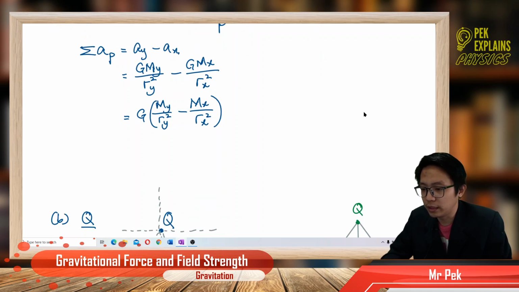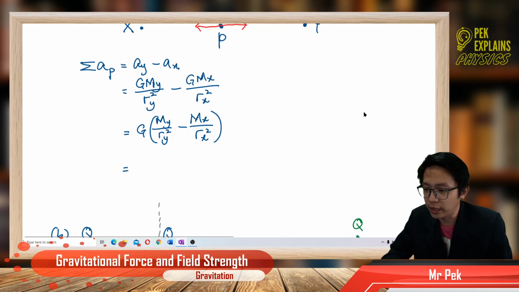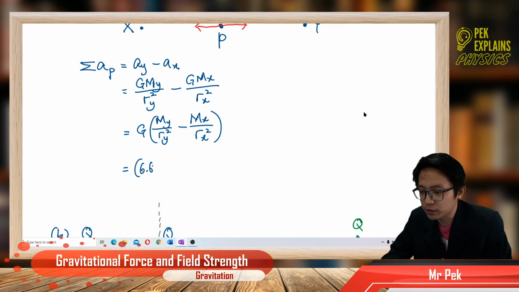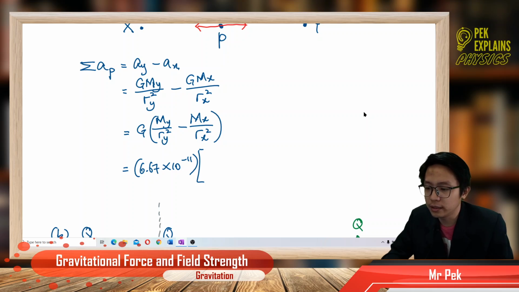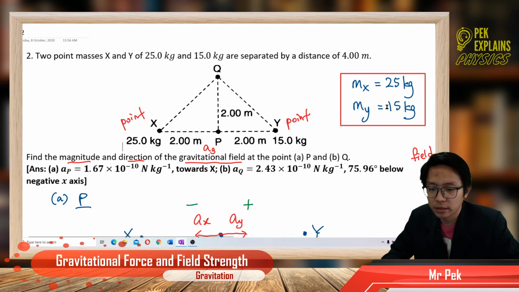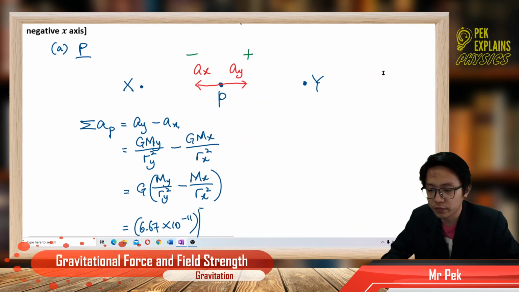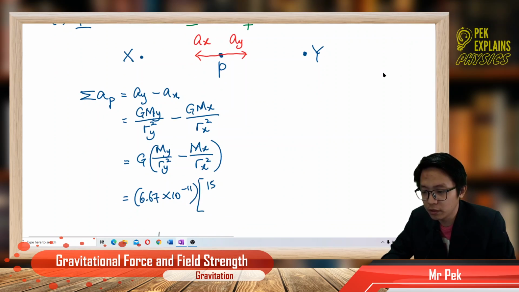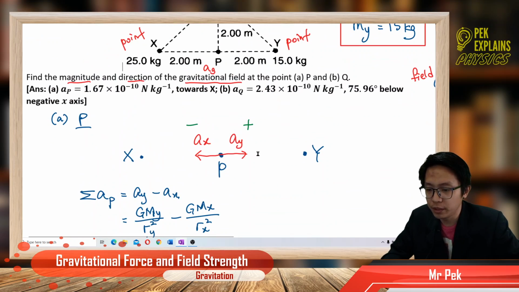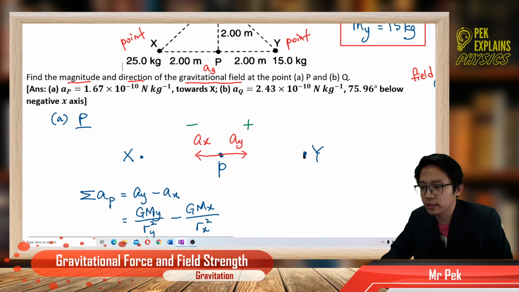Now let us substitute the values. G is 6.67 exponent negative 11. The mass Y is 15, because this is the point mass. And Ry, how far is P from Y? From here to here, it is 2 meters.